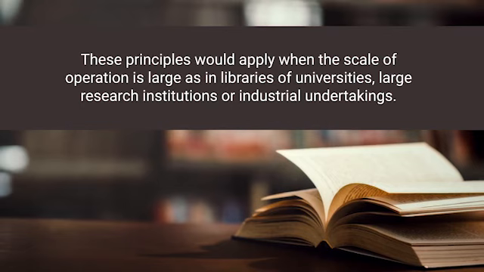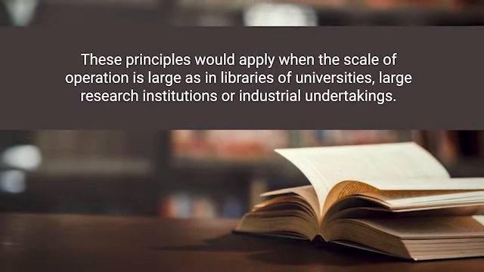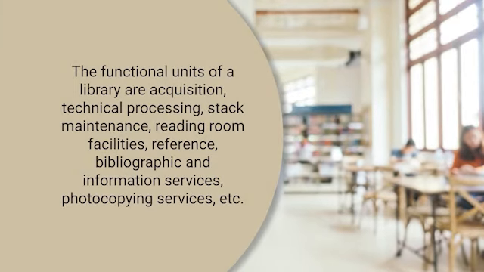These principles would apply when the scale of operation is large, as in the libraries of universities, large research institutions, or industrial undertakings. So the functional units of a library are what?